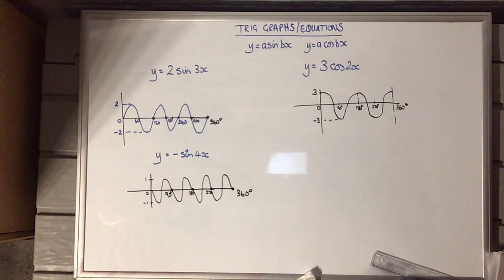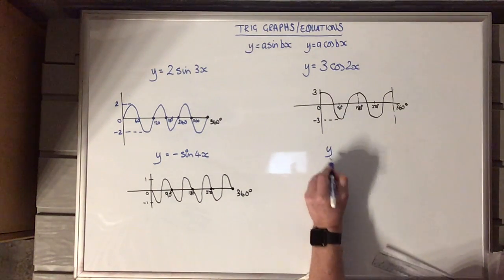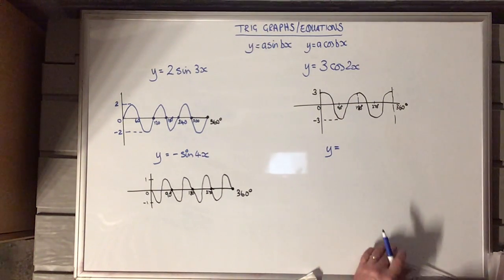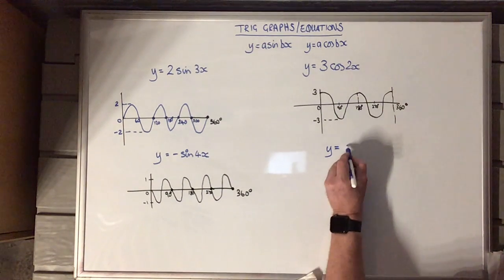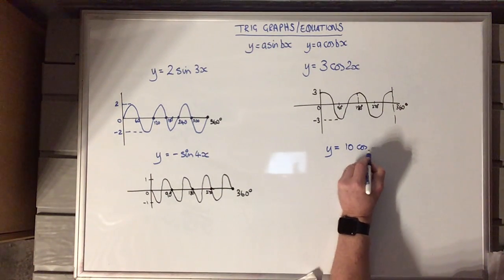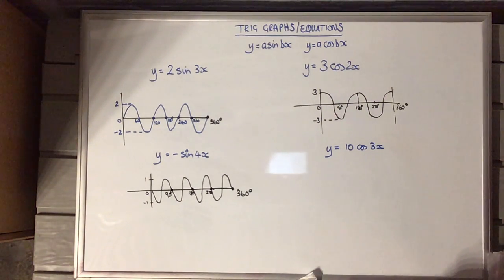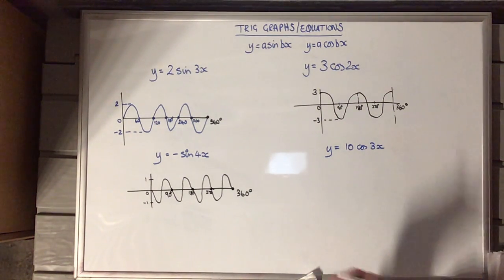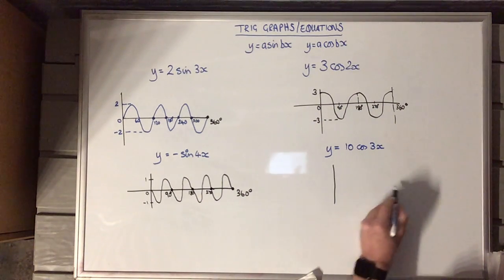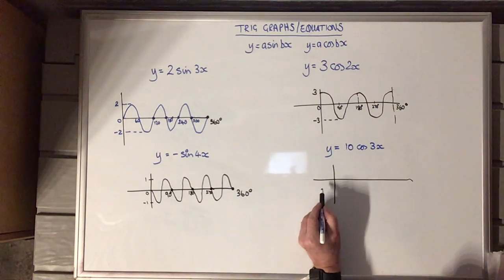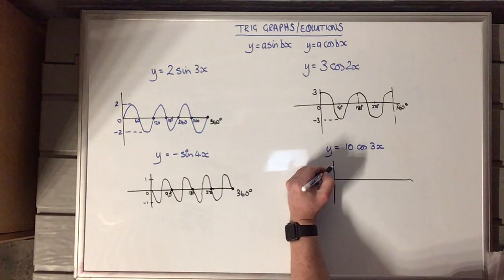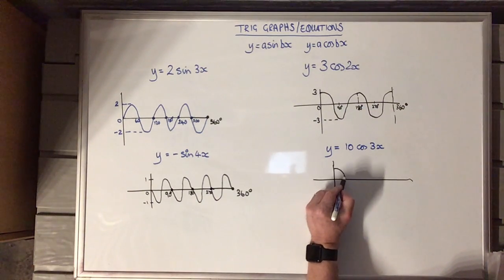Okay, right, I'll do one more. Let's go for another cos one this time. Let's go for y equals 10 cos 3x. So sketching that. Put our axis in. We need 3 cycles. So let's go for 3 cycles first.